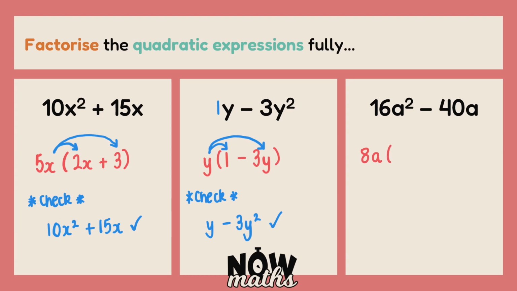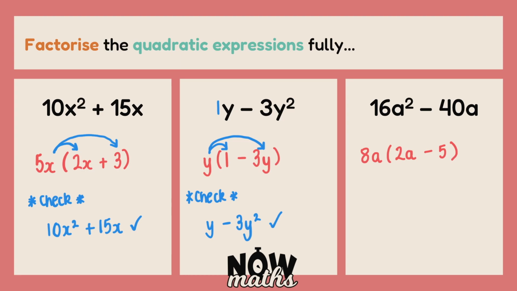Now looking at what we multiply 8a by to give 16a squared, we have to multiply it by 2a. Then looking at what we multiply 8a by to give negative 40a, we have to multiply by negative 5. And then we close our brackets off.